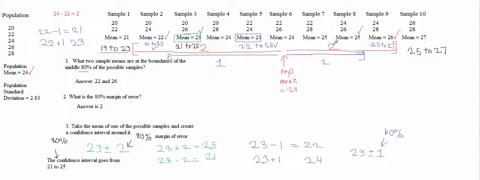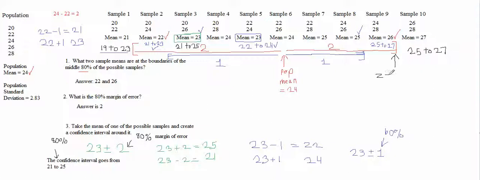Let's see if we can use a z-score to get this margin of error of 2. In order to do that, we have to look at this sample at the upper boundary of the middle 80%, which was sample 9. And we have to create a z-score for sample 9 at the upper boundary.